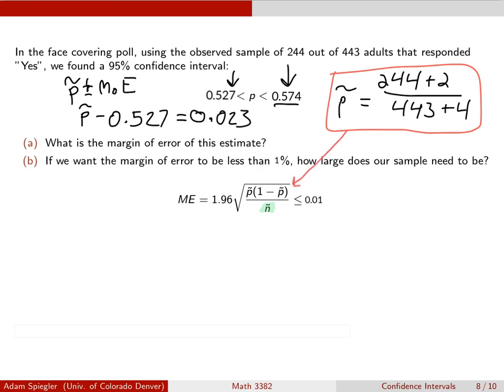So this gives us an inequality that we need to solve. So on the left side, we've got that the margin of error is 0.01, and we want that to be greater than or equal to our margin of error: 1.96 times square root of p tilde, which is approximately 0.5503, times 1 minus p tilde, all divided by n tilde.